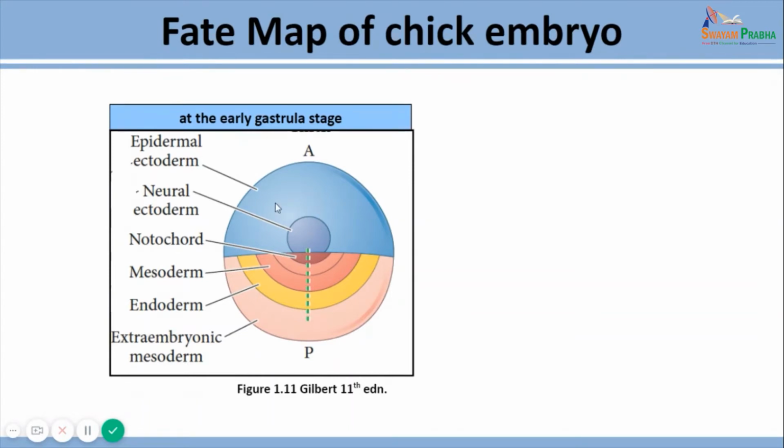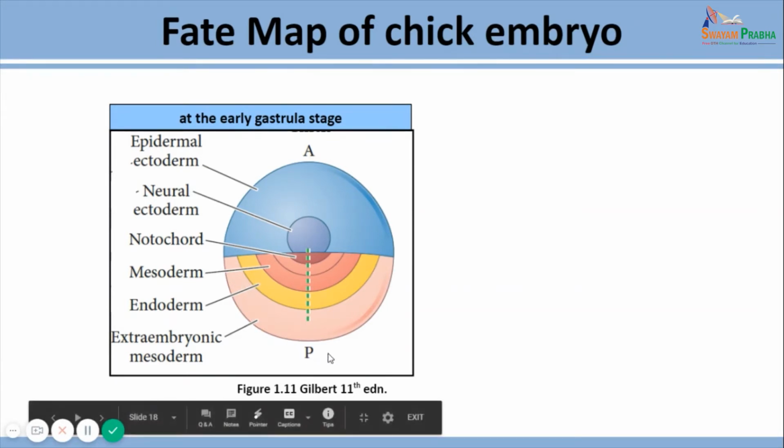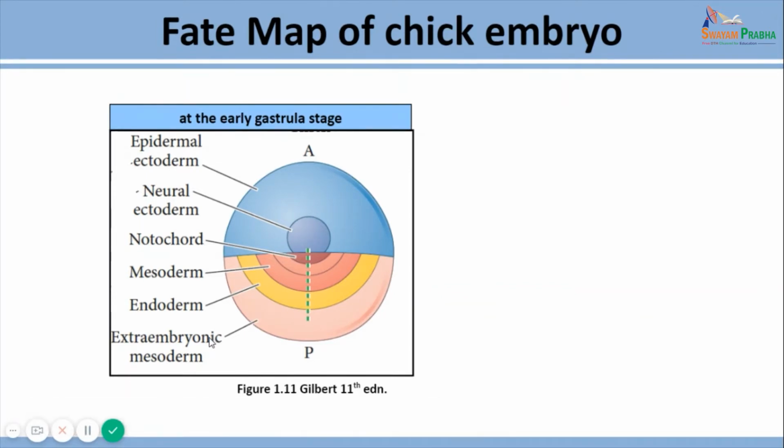Now you see here that the cells at the anterior part of the epiblast, which are shown blue, form the ectoderm, while the cells a little posterior, which are shown red here, give rise to mesoderm, that is the body proper of the embryo, and the yellow part forms the endoderm. The posterior-most part of the epiblast gives rise to the extraembryonic mesoderm, which will form the lining of the yolk sac.